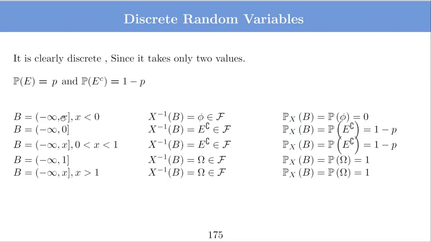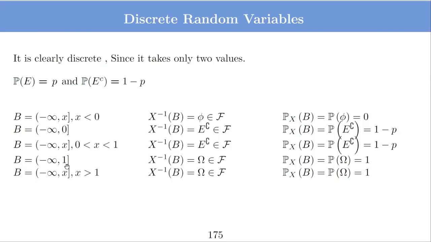So up to minus infinity comma x, there was no element in the pre-image. Once you include 0, all elements which map to 0 will be included in this pre-image. Because of this inclusion, the probability corresponding to this new element will be added. Similarly, you can see that for x less than 1, the pre-image is E complement.